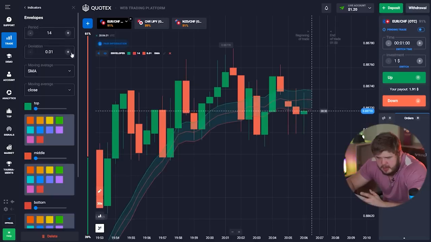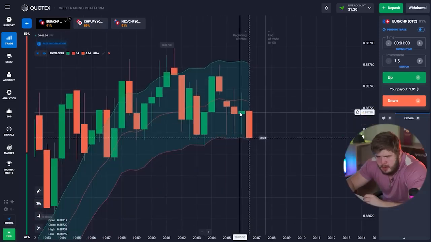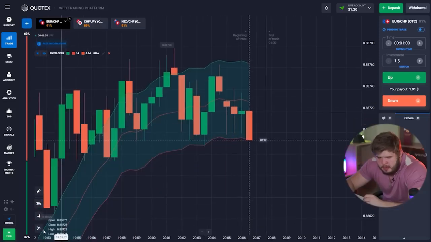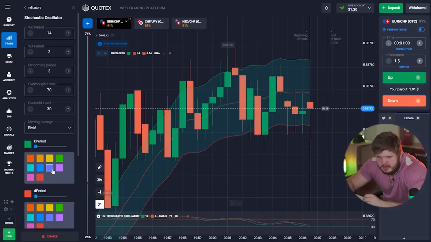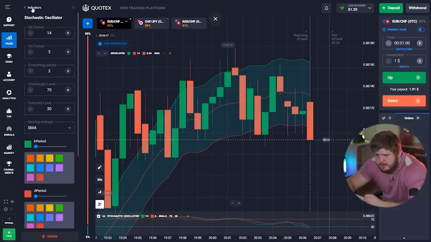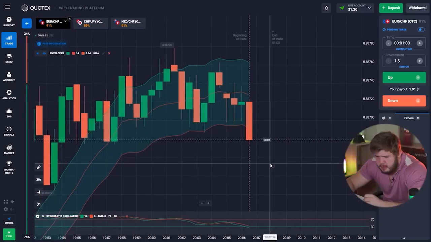We use, as I have already told you, the envelope indicator. Now we are opening the stochastic oscillator indicator as the second one, and we can finally start our work.